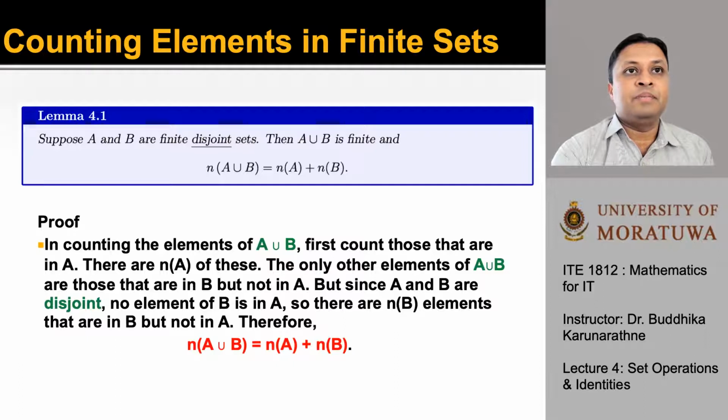In other words, the intersection of A and B does not have any elements. So there are n(B) elements in B. Therefore, the number of elements of A union B is equal to the number of elements in A plus the number of elements in B, because these two sets are disjoint finite sets.